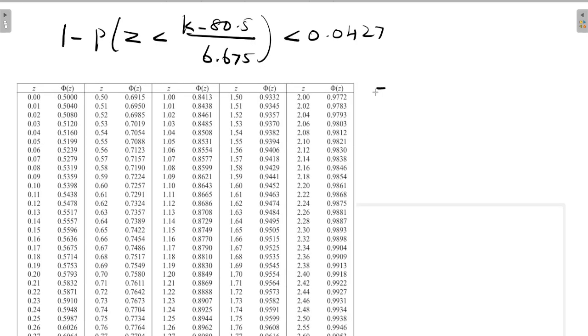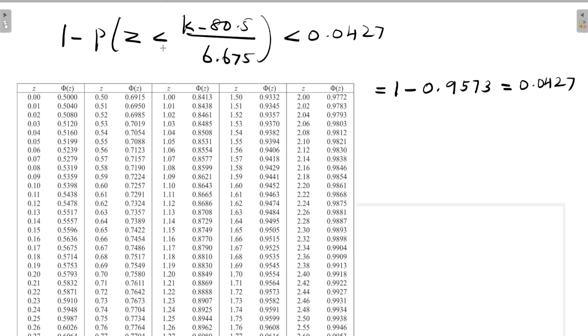So the required probability is 1 minus, when we subtract 0.9573, this value is equal to 0.0427.